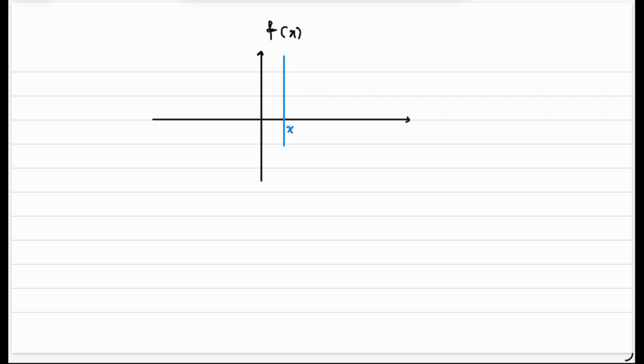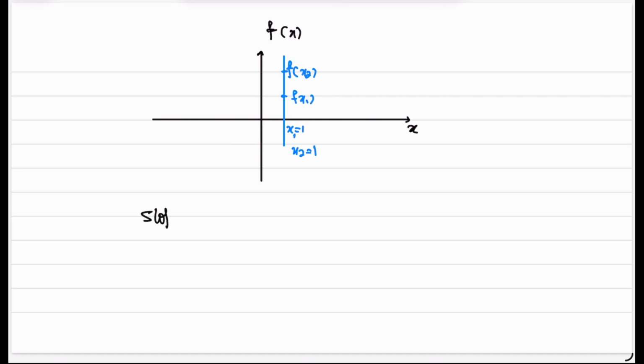This x is equal to 1, let me say. This is function x1, this is function x2, but x1 is equal to 1, x2 is equal to 1, because x is not changing. Then in that case, what is the slope?